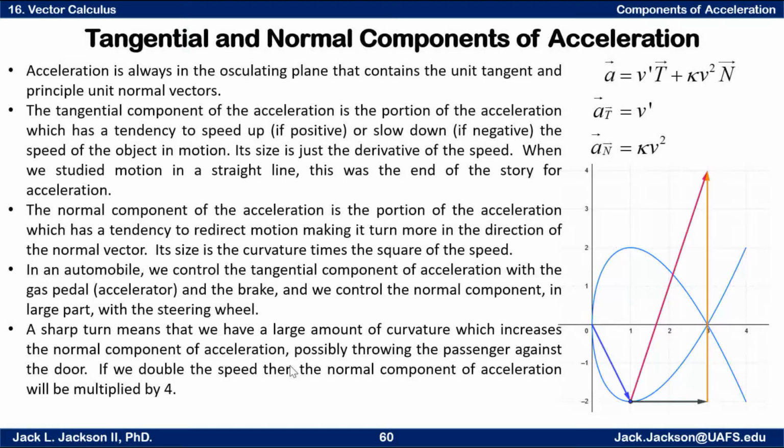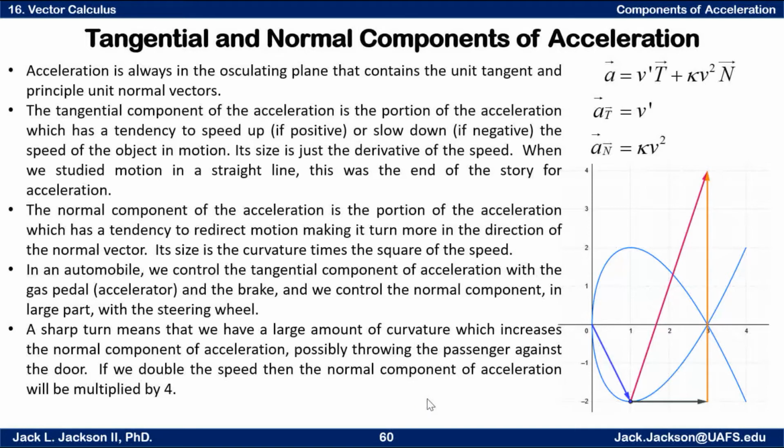Okay, so again, let's think about if we're going around a sharp turn in a car. If we have a large amount of curvature, that's a tight curve, that's going to increase the normal component of acceleration, possibly throwing the passenger against the door as you're going through that tight curve. But also notice if we double the speed, the normal component of acceleration is actually multiplied by 4, so the speed has something to do with this normal component as well.